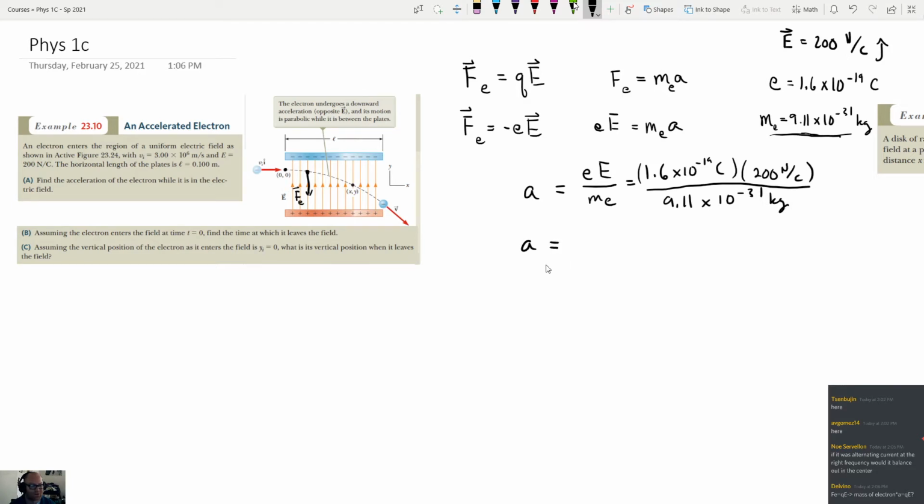It's going to be a pretty big acceleration, because this is like 20, 30. You're going to get something like 10 to the 10, 10 to the 12 maybe, because this is times 10 to the 2.